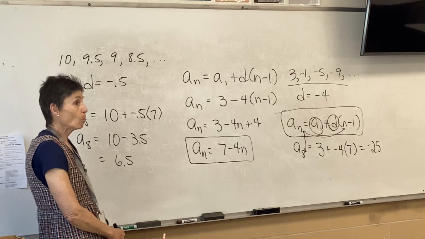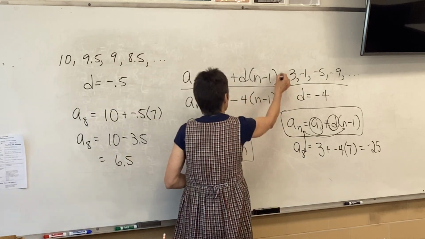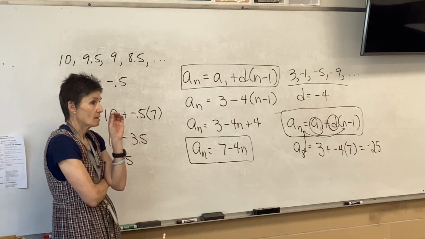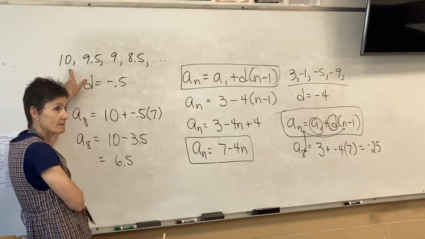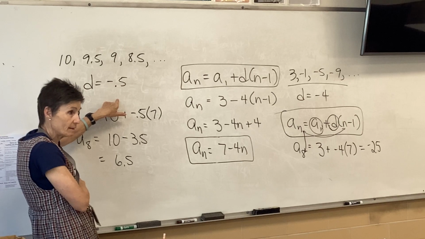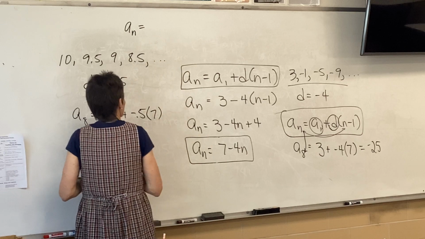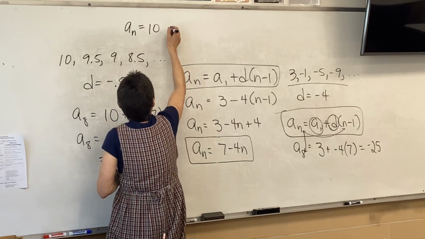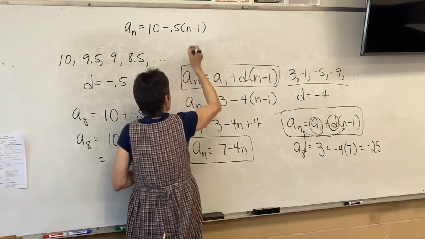All right, now we want the explicit formula. So again, go back to your arithmetic formula. And what did I tell you to plug in? What we know. And what do we know? We know the first term is 10, and we know the common difference is negative a half. So a sub n equals 10 plus a negative or minus a half times n minus 1.